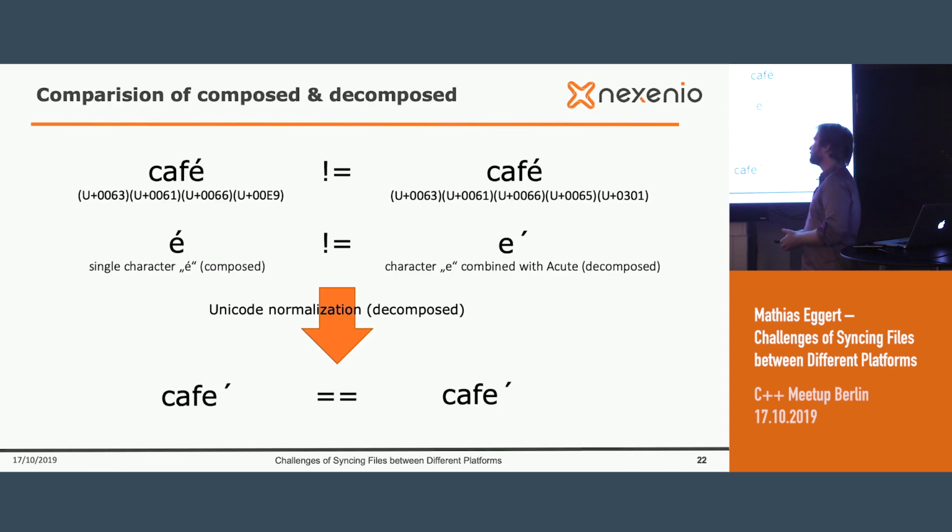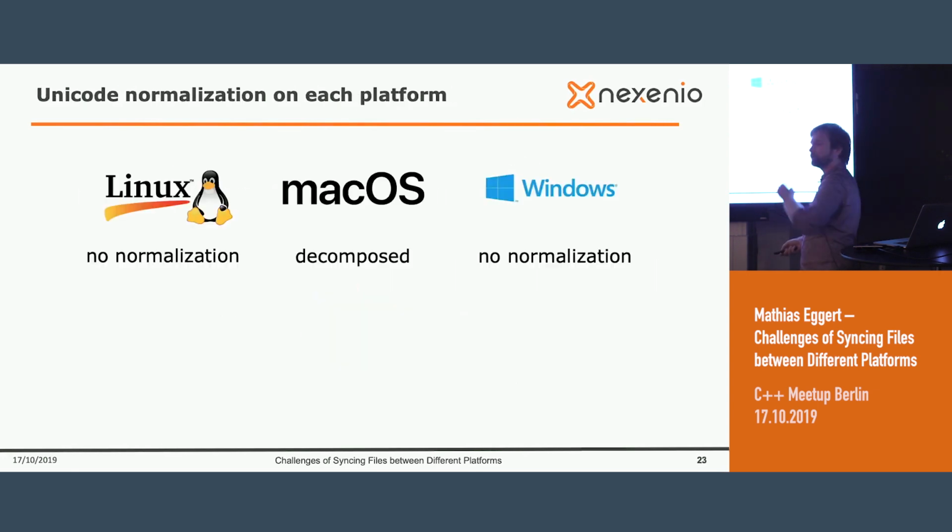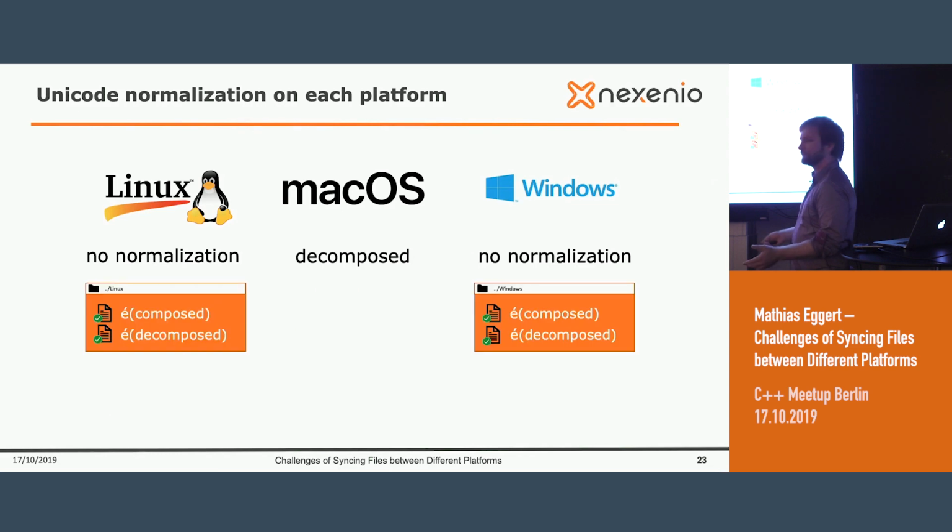The big question is which kind of Unicode normalization each platform is using. And we will see that only macOS is using decomposed normalization. Linux and Windows do not use any normalization. Because of that, we again have nearly the same problem. Under Linux and Windows, you can create the composed and decomposed file at the same time inside of the directory.